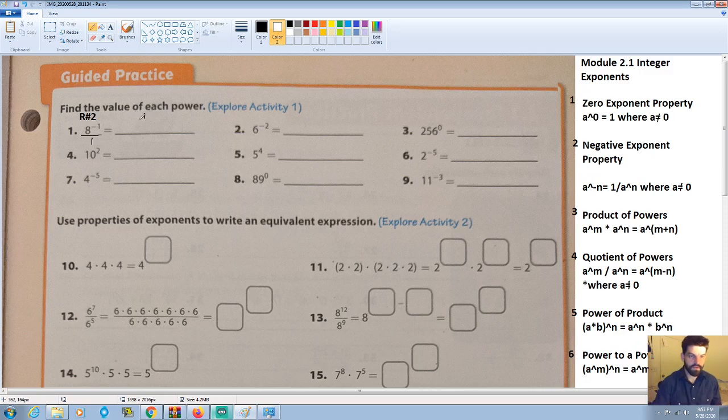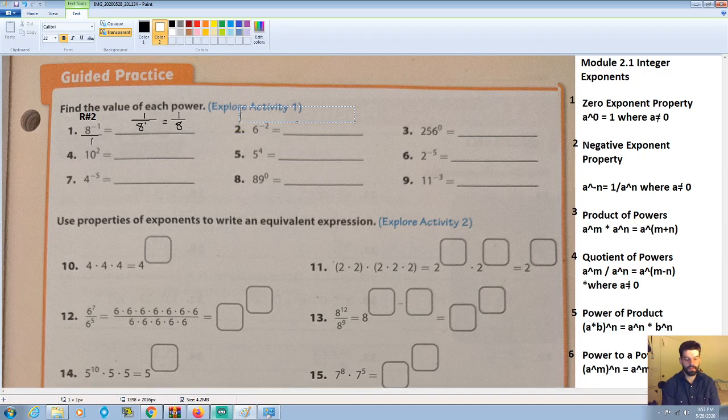So this is going to be 1 over 8 to the positive 1. That's what's going to allow us to make that positive exponent. And then that's just going to be 8 to the first, which is just going to be 1 over 8.